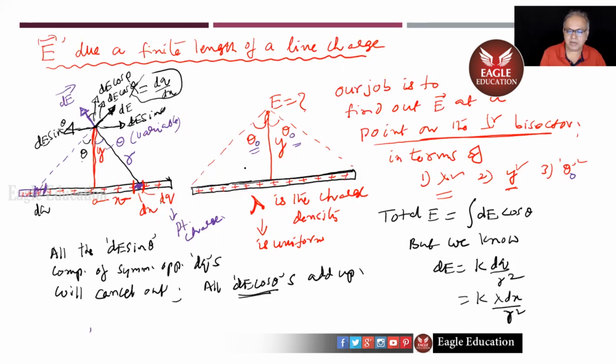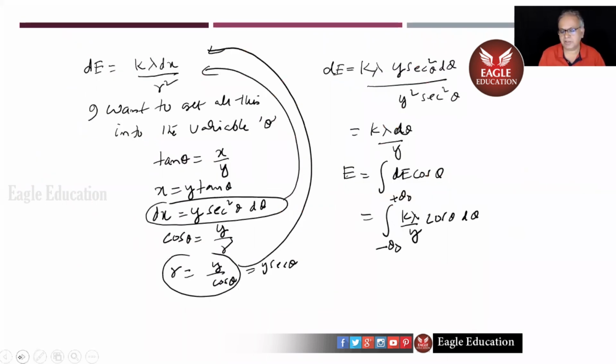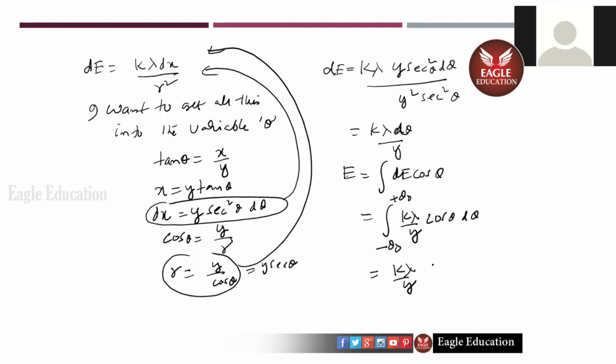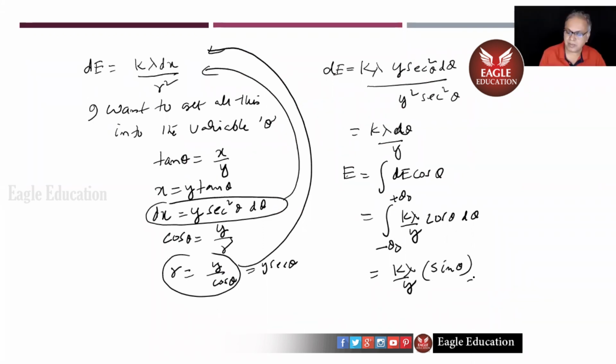So this will be minus theta naught, that will be plus theta naught for x equals 0 here. So I'm integrating now all the d's. So what do I get now? K lambda by y. Integral cos theta d theta is how much, children? Sin theta, between minus theta naught to plus theta naught. So what do I get? E equals K lambda by y, sin theta naught minus minus sin theta naught.